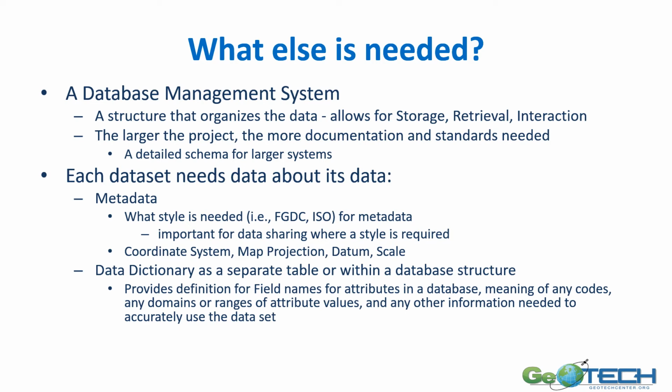Generally it's pretty easy to see that would be number, but sometimes the titles of tables are not as easy to discern. So you could use a separate table or something within your metadata that helps you define all the different field names, also the meaning of any codes, domains and ranges, and other information needed to accurately use that data set.